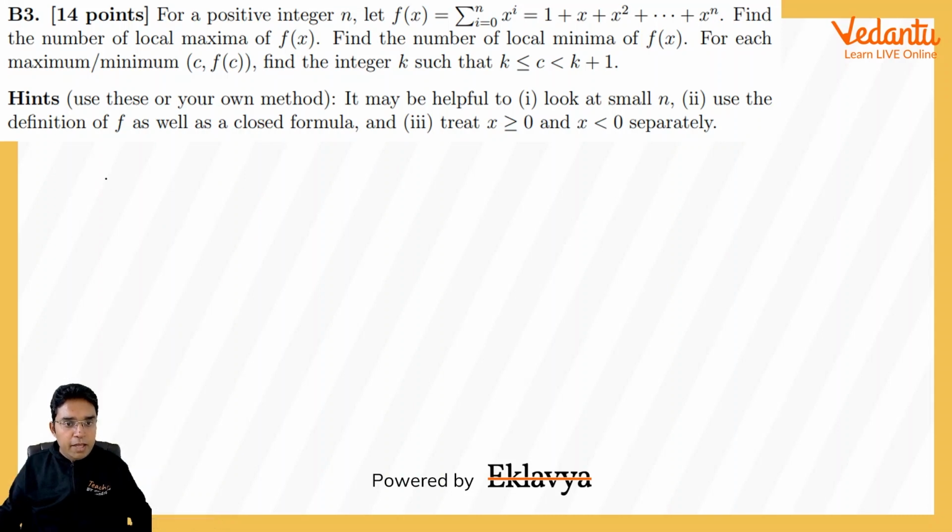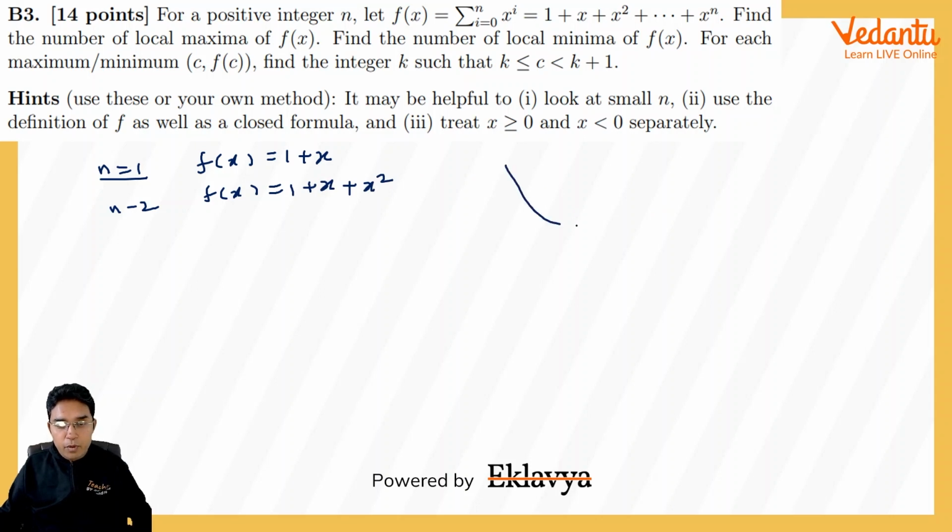Suppose we take n is equal to 1. Then this function will be f(x) = 1 + x, which is strictly increasing. For n is equal to 2, f(x) is the quadratic 1 + x + x², and this is supposed to have a point of minimum. And you can check this is at -1/2, which is also between 0 and -1.